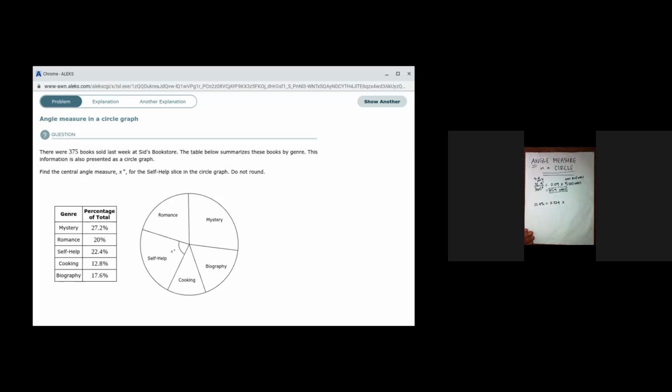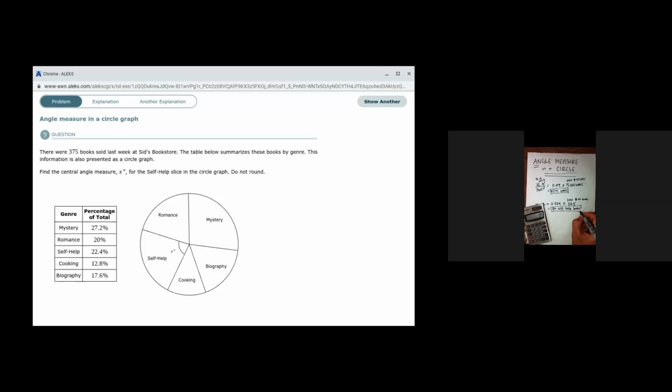So we need to multiply by the total number of books, which was 375. So let's see what we get with our handy calculator. 0.224 times 375 equals 84. There were 84 self-help books sold.